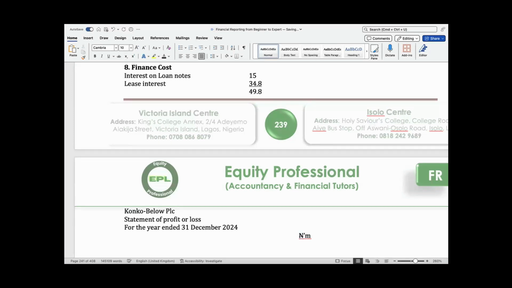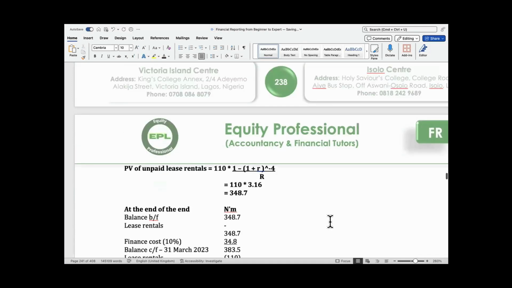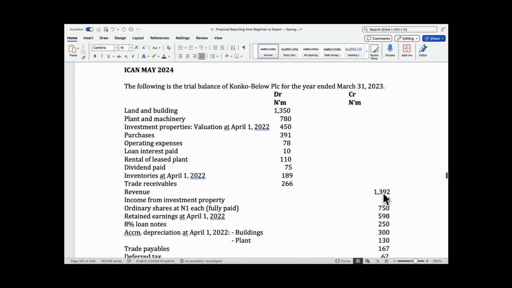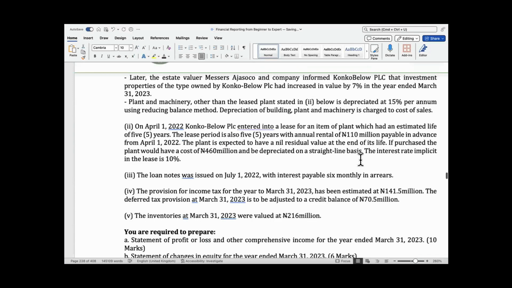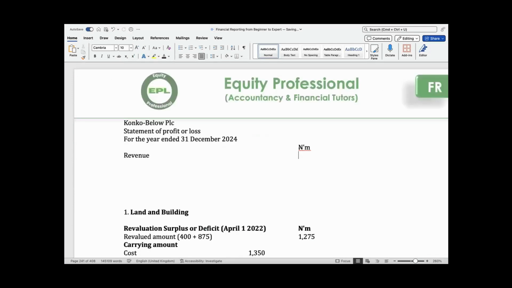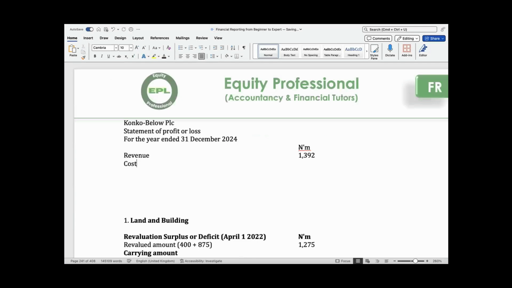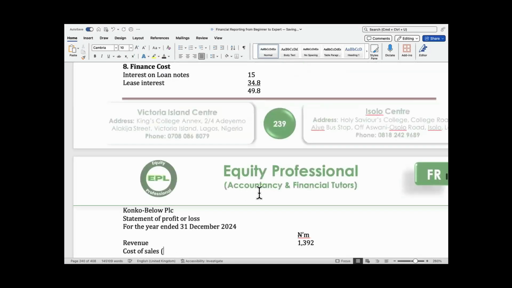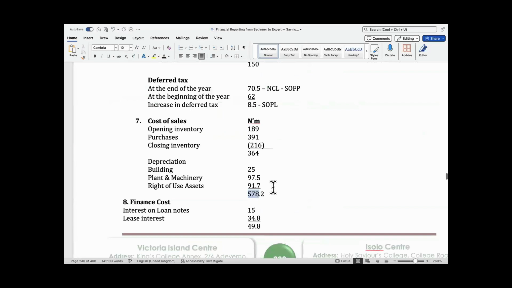So our revenue, how much is my revenue for my trial balance? That's 1392. Then my cost of sales for my working 7 is 578.2.